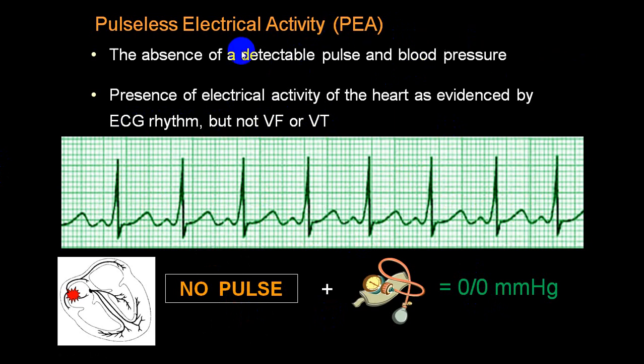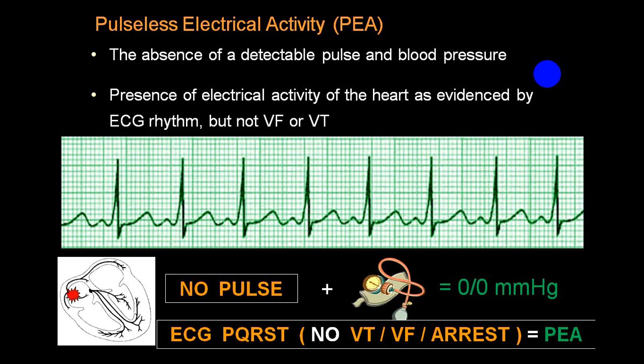Electrical activity is there, but there is no contraction of the ventricle. That's why there is no pulse, no blood pressure. So we call it electromechanical dissociation. This is pulseless electrical activity, which is an emergency, and it should be treated because the person can have sudden cardiac death.